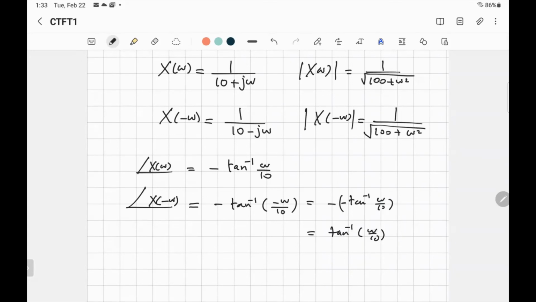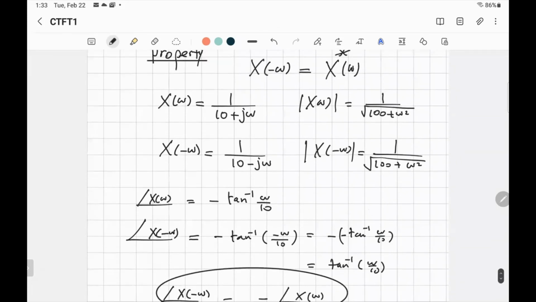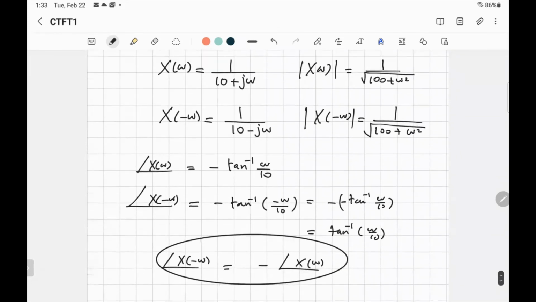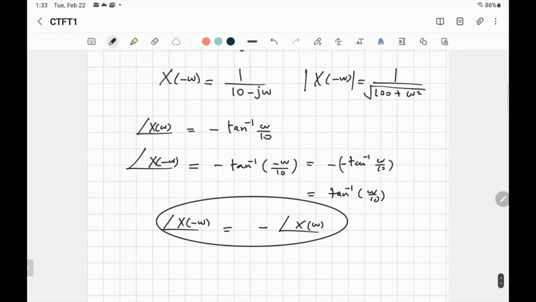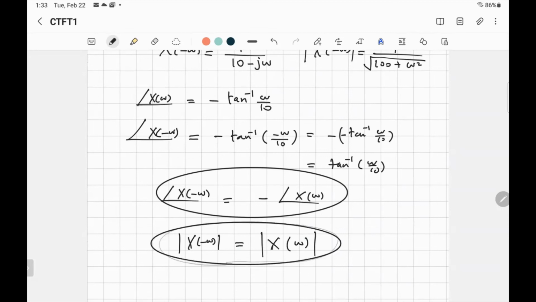So the angle of X of minus omega is the negative of the angle of X of omega, because this one has a negative and the other doesn't. So we got two important things: how you get X of minus omega and the relationship between the magnitude and the angle. The magnitudes are equal, but the angles will be the negative of each other. And to find the expression, just get the complex conjugate.